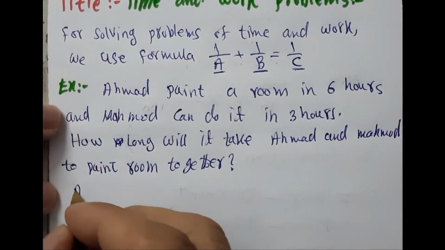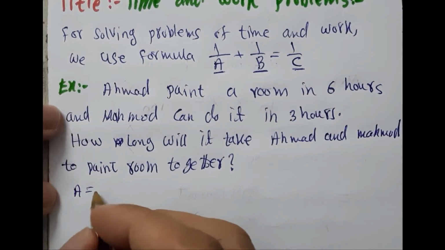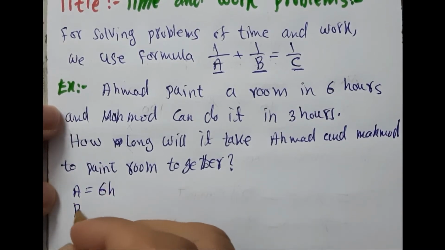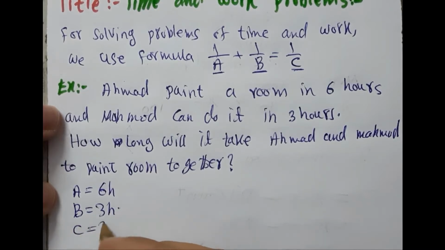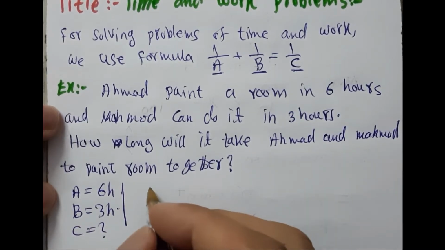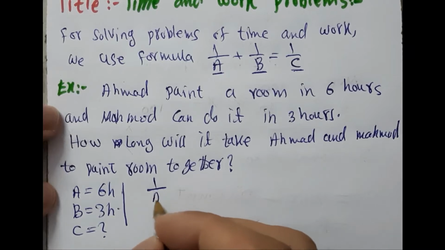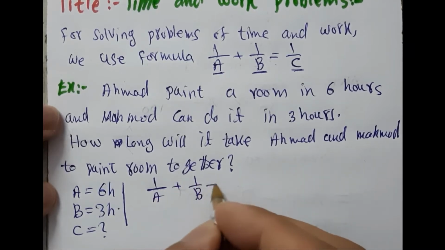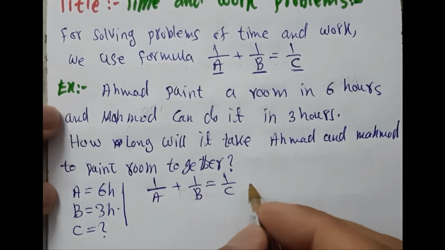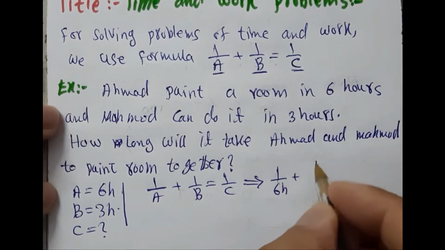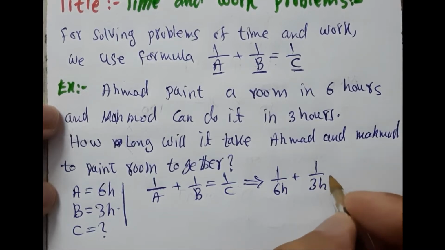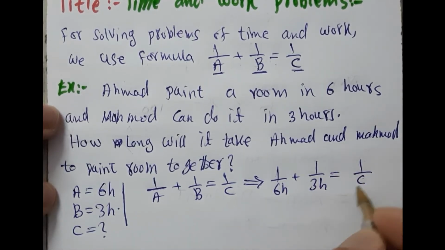Here A is equal to 6 hours, B is equal to 3 hours, and C is unknown. 1 by A plus 1 by B is equal to 1 by C. This implies 1 by 6 hours plus 1 by 3 hours is equal to 1 by C.